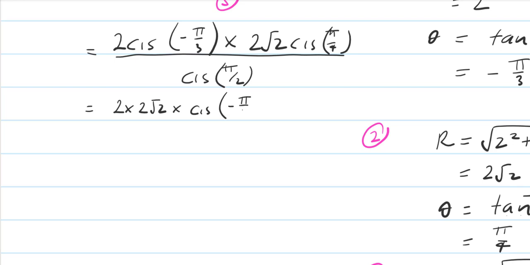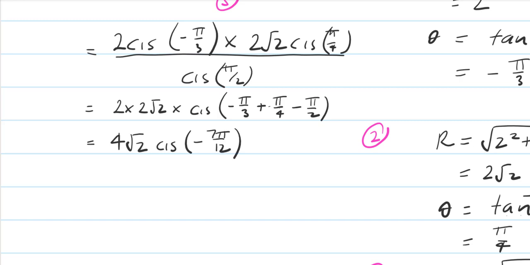Negative pi on 3 plus pi on 4, I'm multiplying there, minus pi on 2 for the denominator. And that's equal to 4 root 2 cis negative 4 pi on 12 plus 3 pi on 12 makes negative pi on 12, minus 6 pi on 12 gives me negative 7 pi on 12. So there's 4 root 2 cis negative 7 pi on 12.